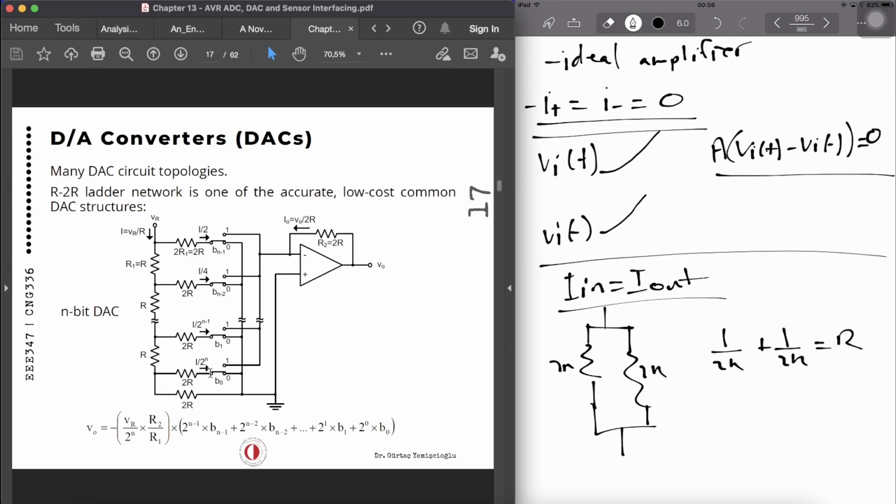Now, if we go back and flip the switch, this I over 2 to the power n is now going to flow into the virtual ground, but it's also going to flow into this node. So now that means I over 2 to the power n is going to be equal to V out over R2, which is 2R, because we have the current over here, and that current is actually V0 over 2R.